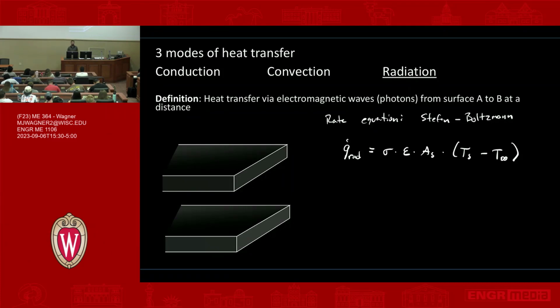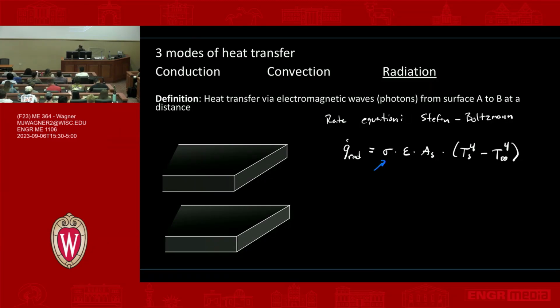It's TS and T infinity, each of them to the 4th power. Okay? So there's a huge importance of temperature in radiation. At room temperature, very little radiation occurring. At sun temperature, a huge amount of radiation occurring. Okay. So let me give you the other things you need here.